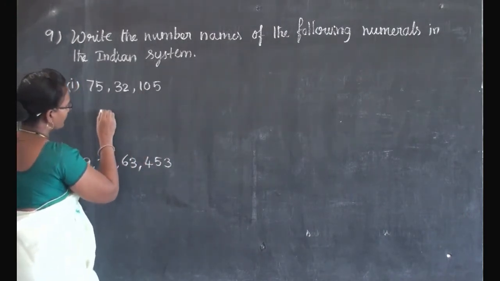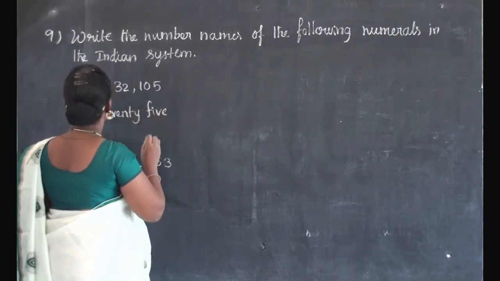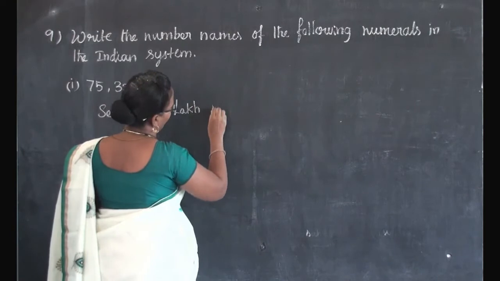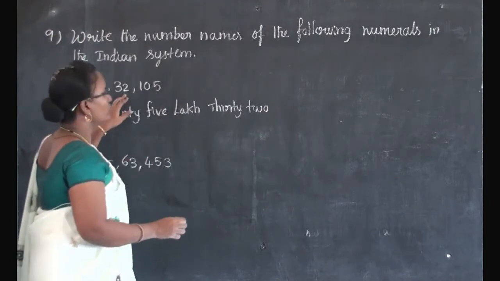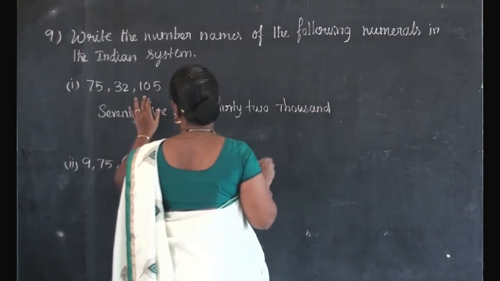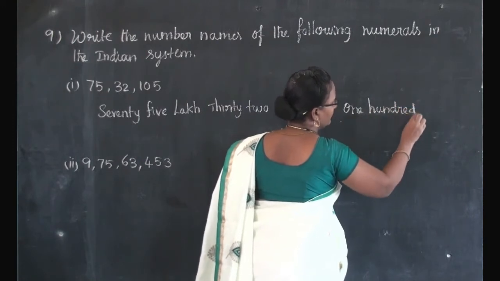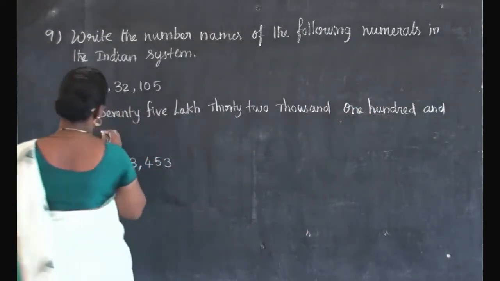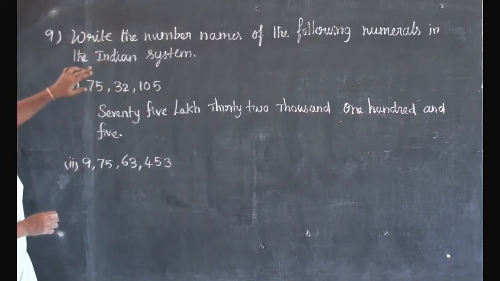Write the number name. 75 lakh, 32 thousand, and then 105. That is the answer. So number names in the Indian system.